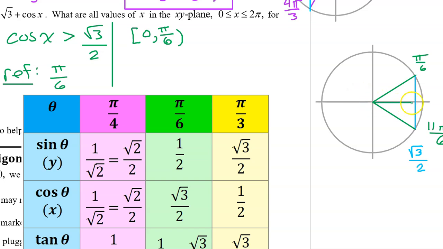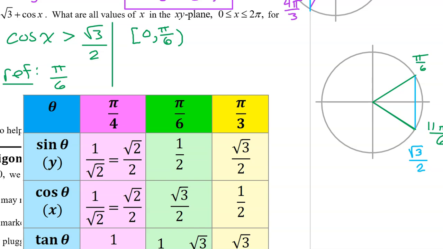As we continue to rotate clockwise around the unit circle, the horizontal displacement is less than radical 3 over 2 for this part of the journey. The endpoint is to the left of the blue line. All right, we are less than radical 3 over 2 until we get all the way around and back to this position.